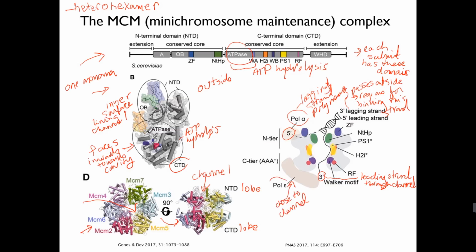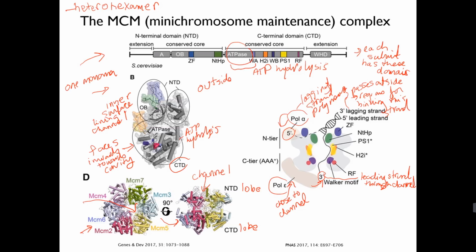That's Pol epsilon, and again, we'll talk about that in a few minutes. It's situated right where its substrate exits the MCM complex. And the lagging strand polymerase is also situated up here, very close to its substrate, which goes around the exterior of the complex.